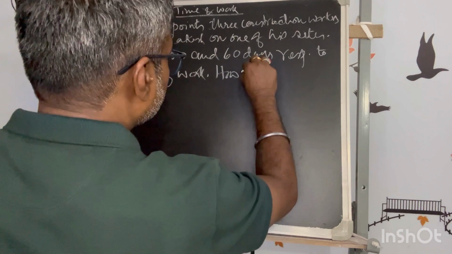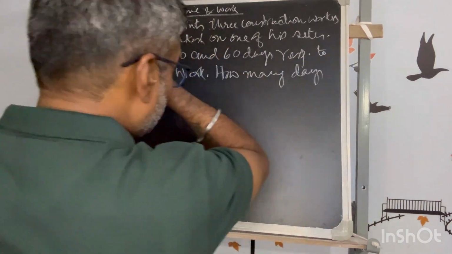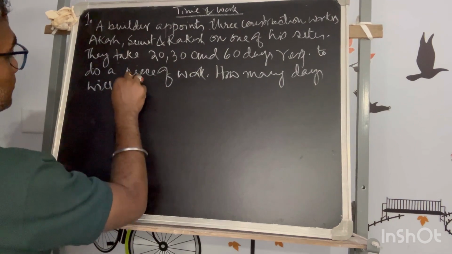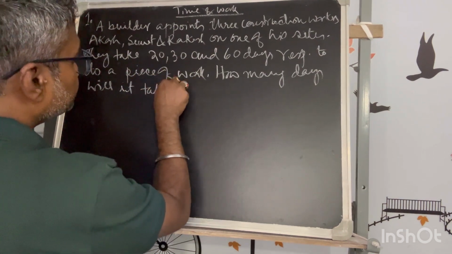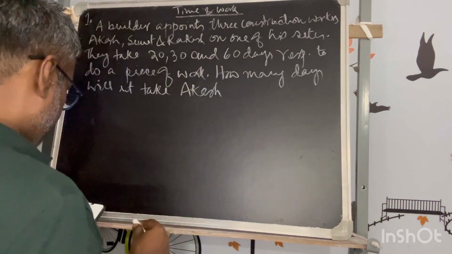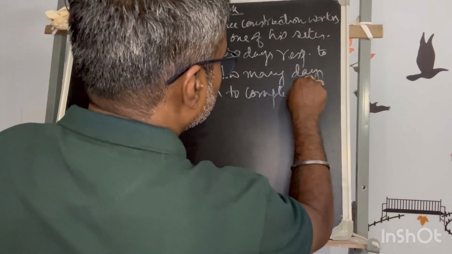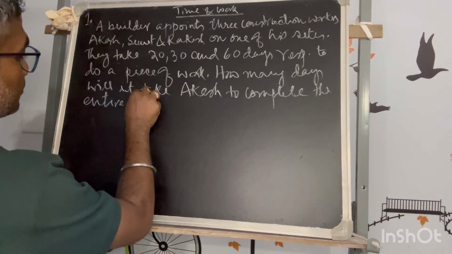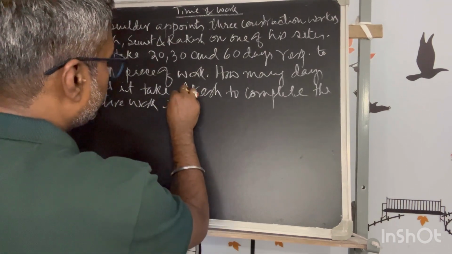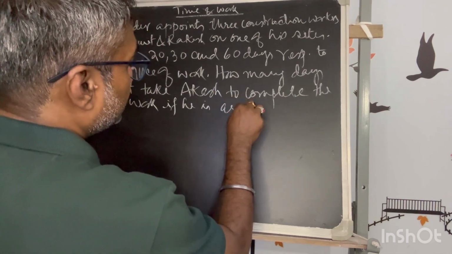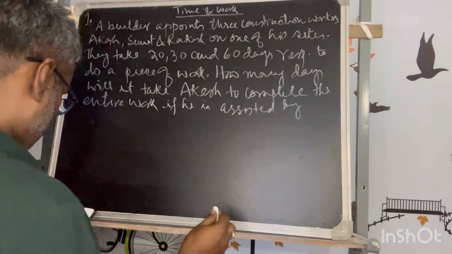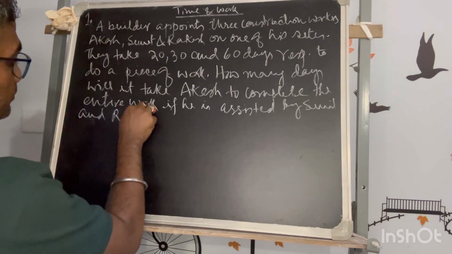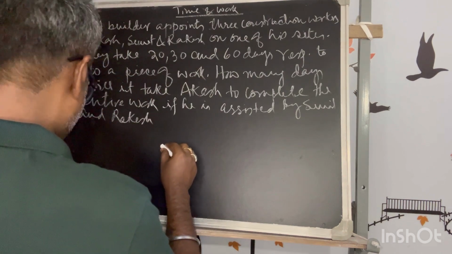How many days will it take Akash to complete the entire work if he is assisted by Sunil and Rakesh every third day?